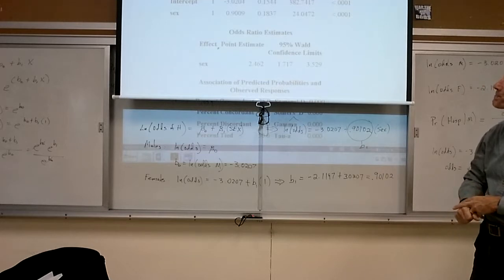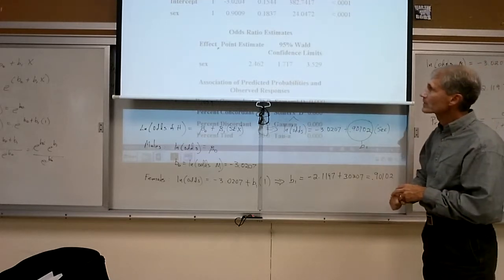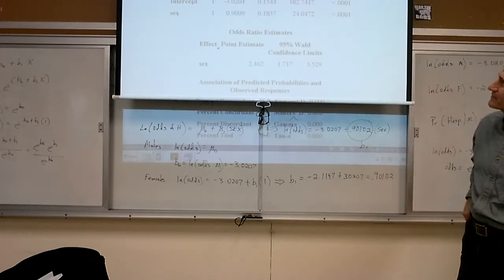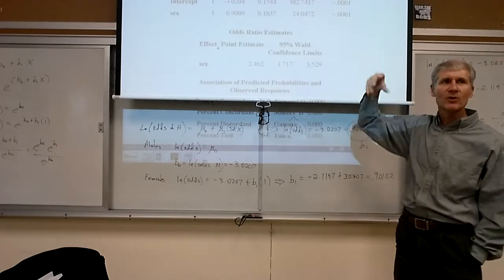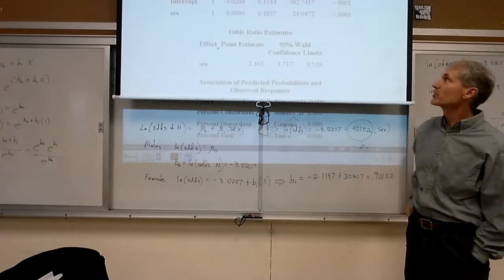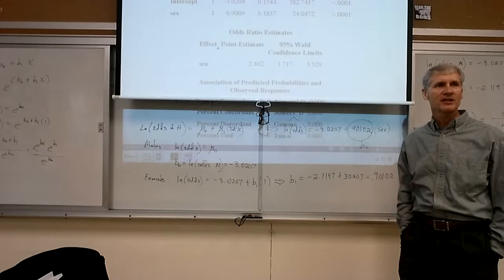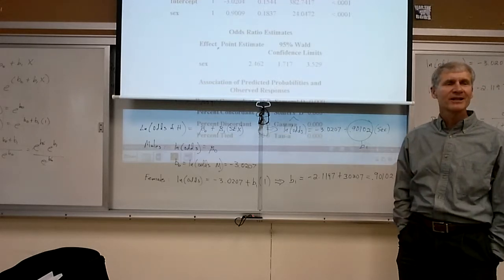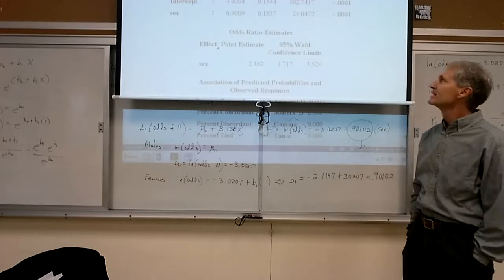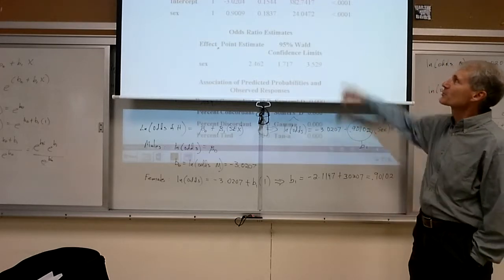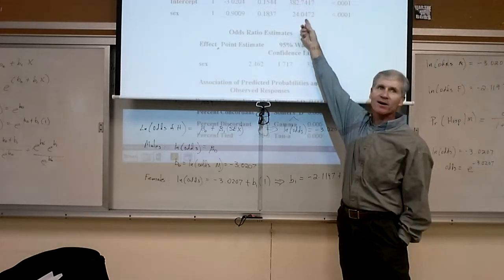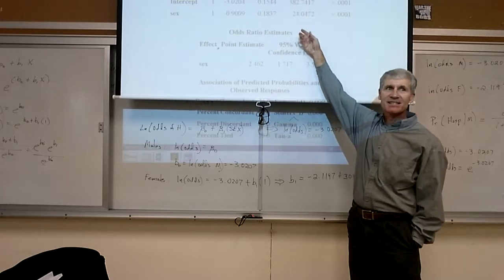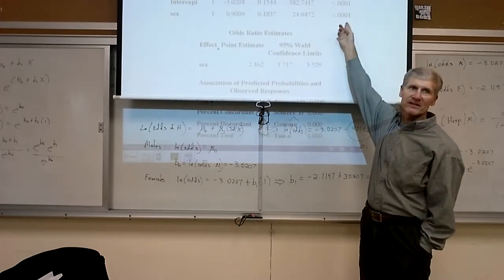Why is it a chi-square test? The Wald chi-square, when you see the Wald in front of it, it's saying we're using a normal approximation of this. They do a chi-square. If you square a normal, you get a chi-square. And if you took the square root of 24, then you'd get a z statistic. You get exactly the same p-value.